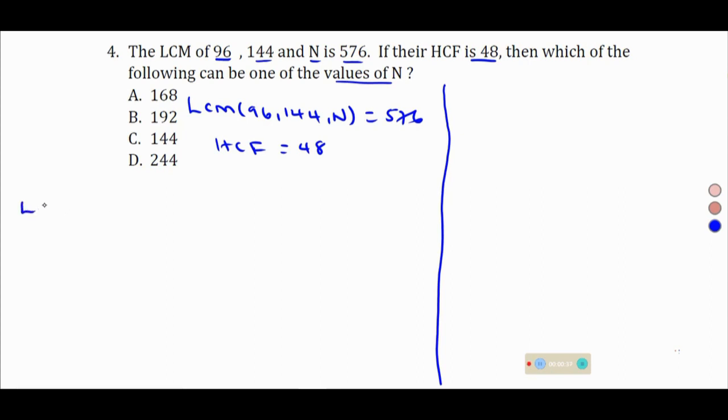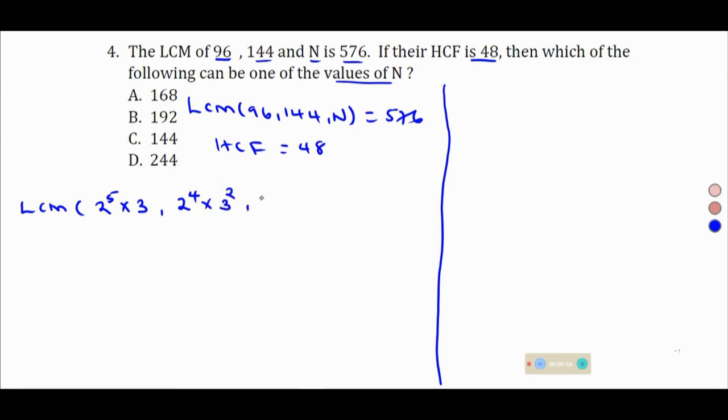Now, we can express 96 as 2 to power 5 times 3. We can express 144 as 2 to power 4 times 3 to power 2.